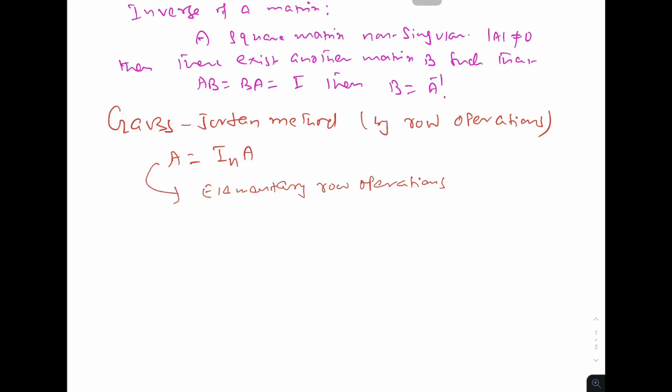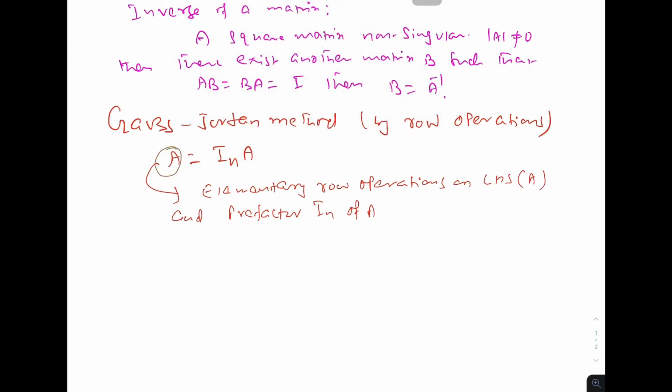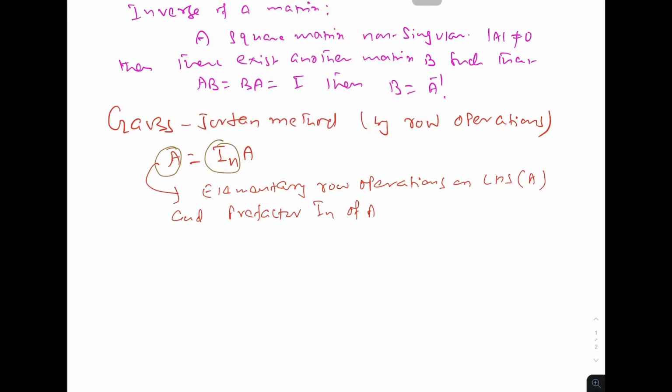So if we apply the elementary row operations on LHS, that is on A, and the prefactor I of A, so if we apply the elementary operation here and here, and we turn out to be like this.